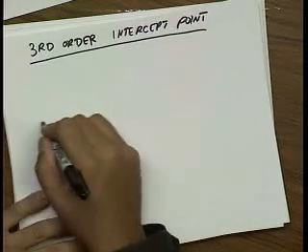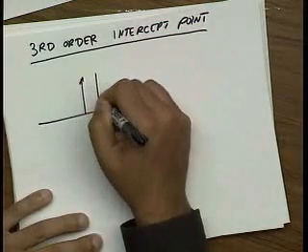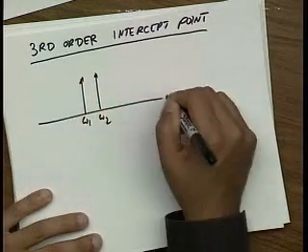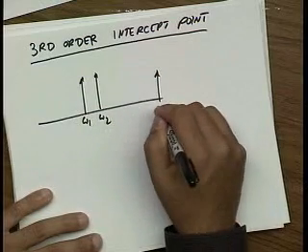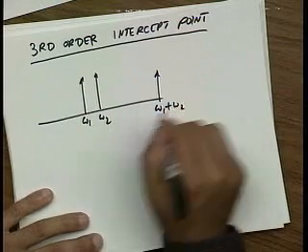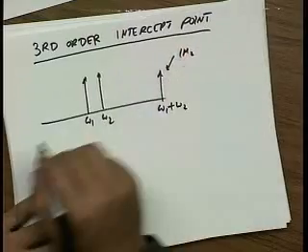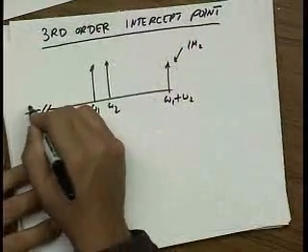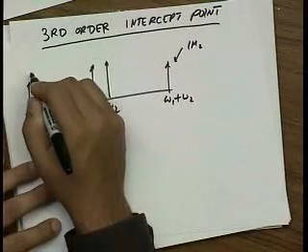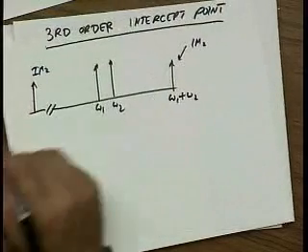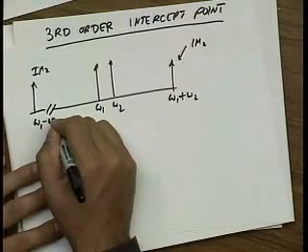So if you have tone omega 1 and omega 2, then we had an omega 1 plus omega 2. That was an IM2 term, so this is an IM2 product. And then we have another term, which is also an IM2 product at frequency omega 1 minus omega 2.